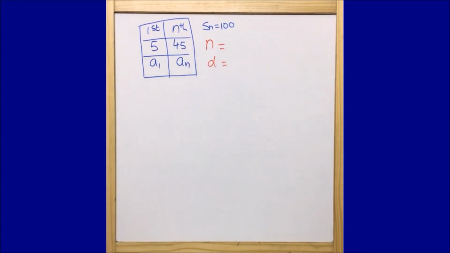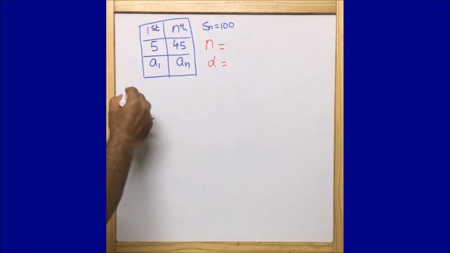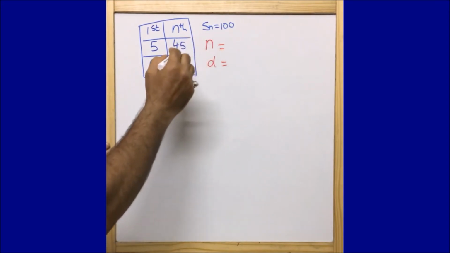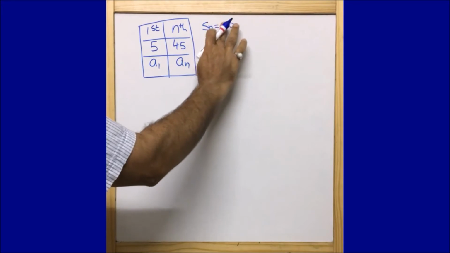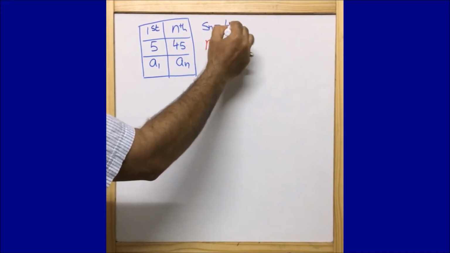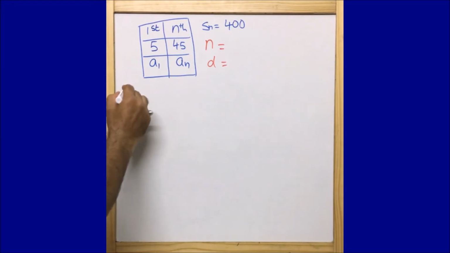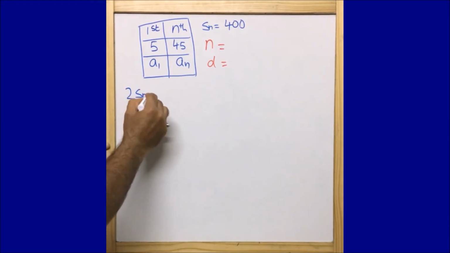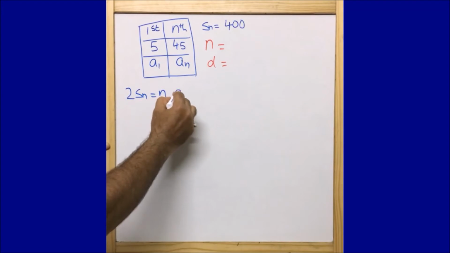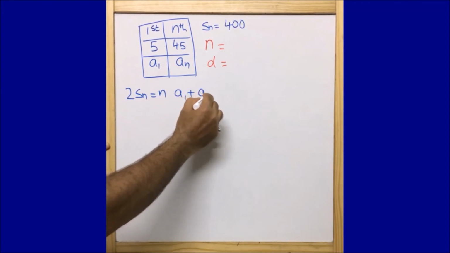Now let us first use this sum, because here they have given Sn is equal to 400, not 100. Now I will use the formula for the sum of the arithmetic progression: 2Sn is equal to n into A1 plus An.